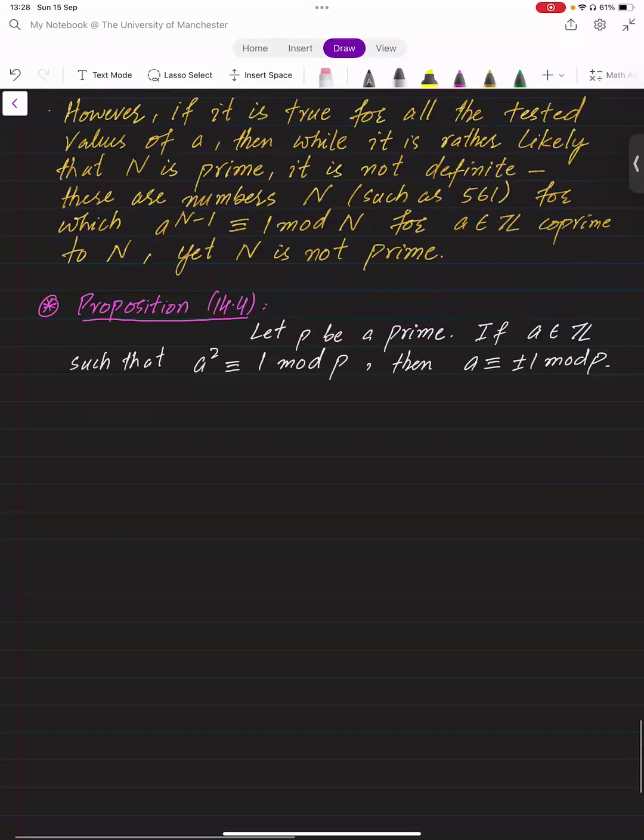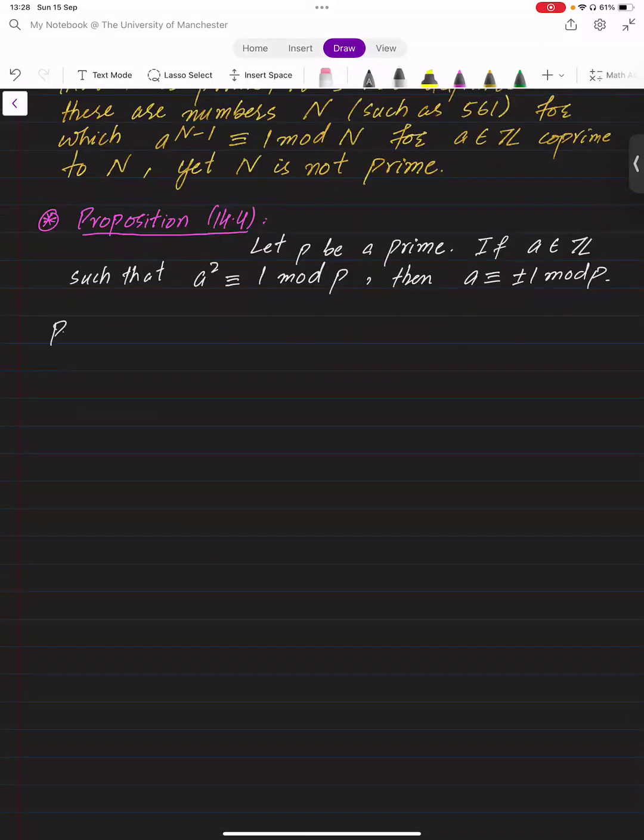Let's give the proof. Assume that a squared is congruent to 1 mod p.